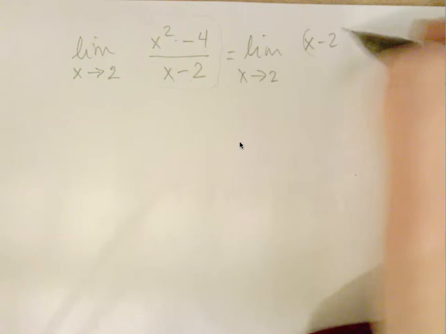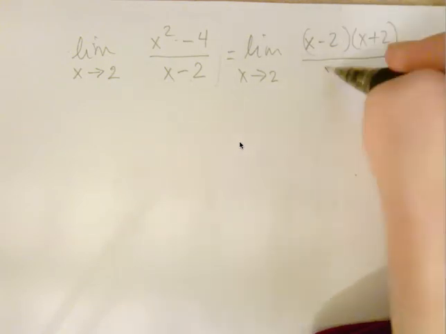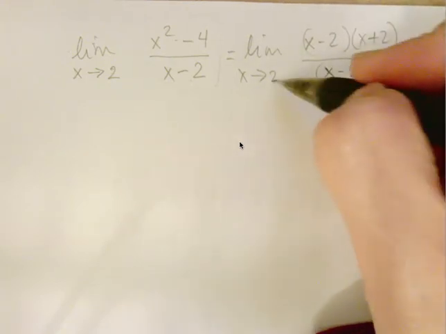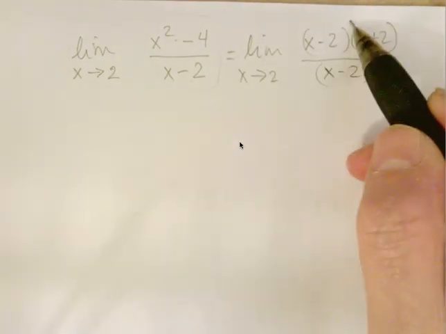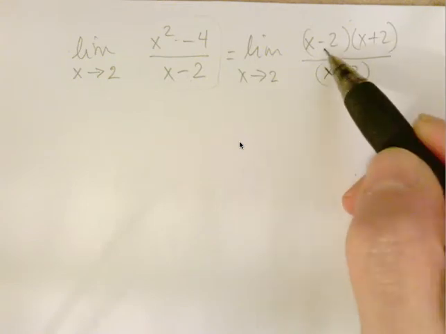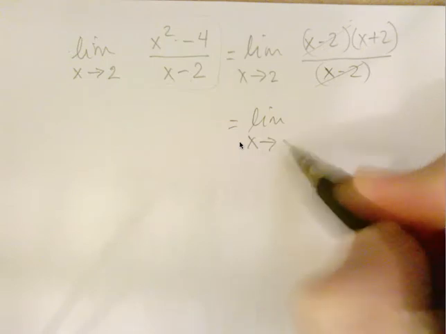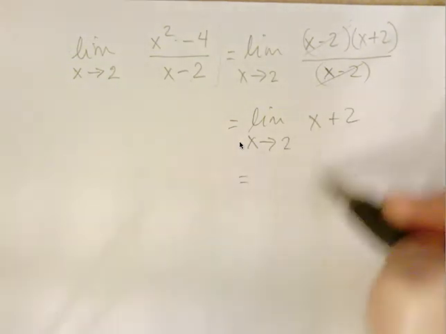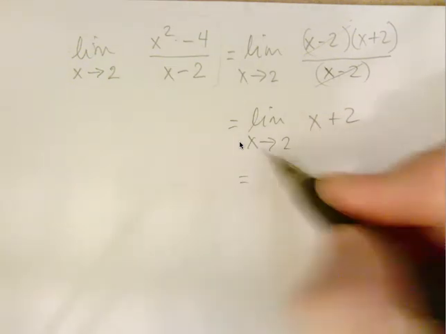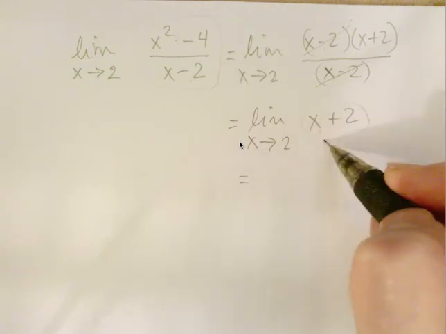So I factor the numerator, and remember, this limit idea means that x is close to 2, but x is not equal to 2. So therefore, this is not equal to 0, and I can cancel. And now I can just evaluate. As x approaches 2, this value approaches 4.